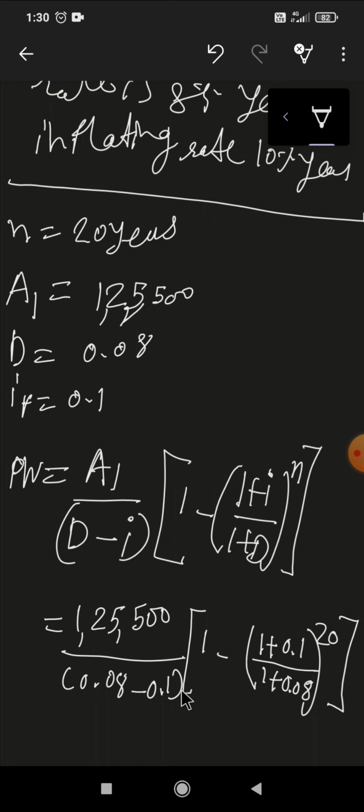So after solving this, we'll get the present worth as 2782,335. Tick. So this is the present worth over 20 years.